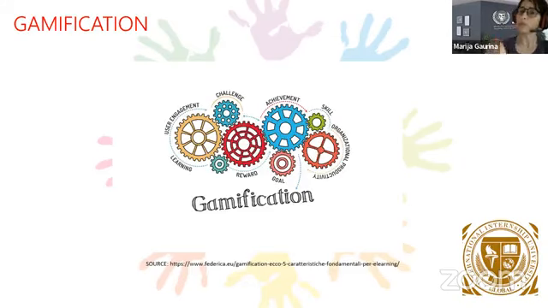Maybe they will not be smarter, or maybe they will not learn more, but you will have this motivation button, and you will be happy that your students are more interested than they were when you were doing it the traditional way. So try gamification. It is really, really wow.